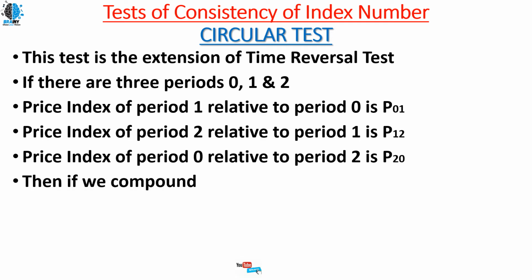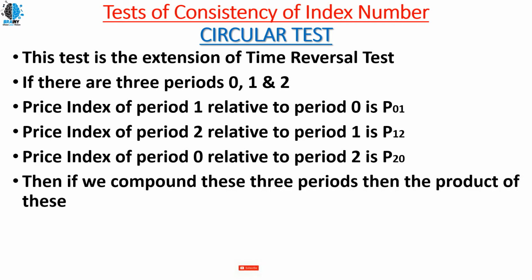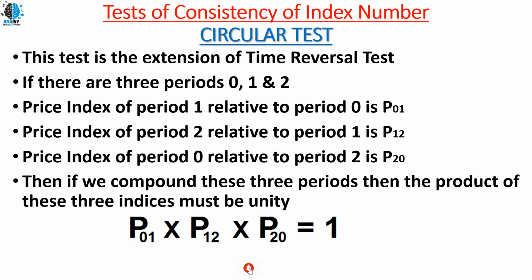Then if we compound these three indices, the product of these three indices must be unity, meaning it must be equal to 1. So P01 into P12 into P20 is equal to 1. This is the formula of the circular test.